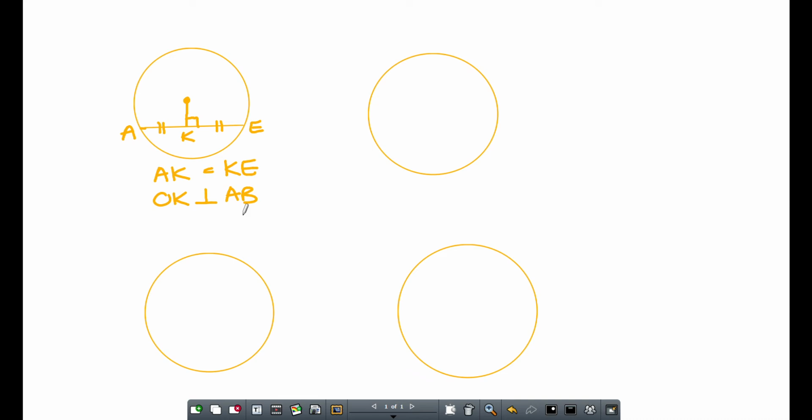Okay. So the one on the right-hand side, kyk gou. Hier sê hulle vir my van die middelpunt af. Dis wat ons nou oor gepraat het. Lyn vanaf middelpunt na middelpunt van koord. Okay, so they're giving you that. Okay, dan moet jy aanneem dat hier is 'n 90 grade hoekie.